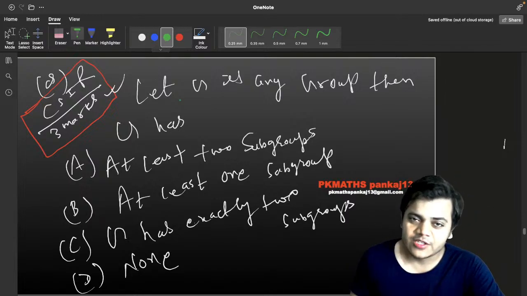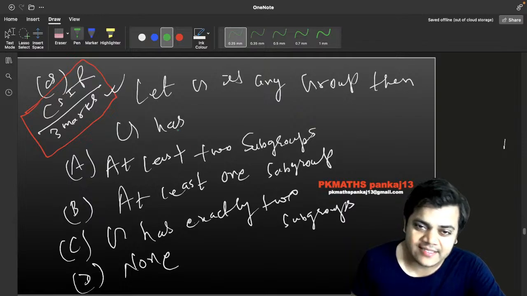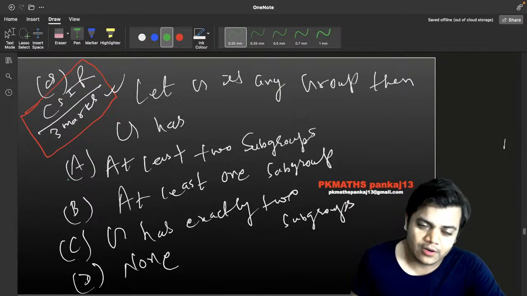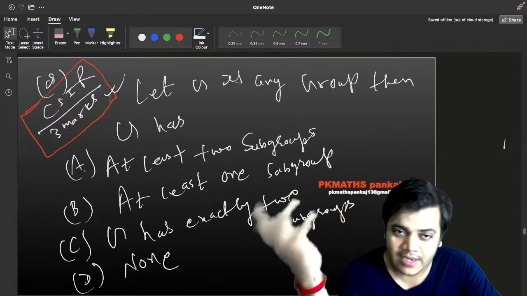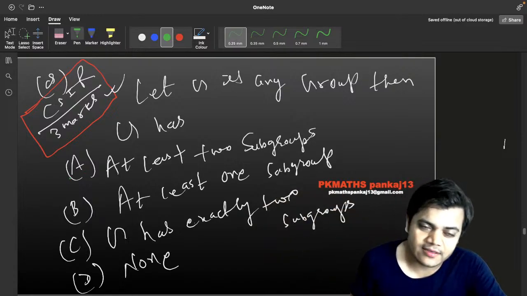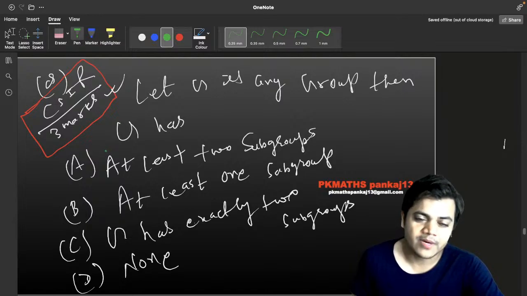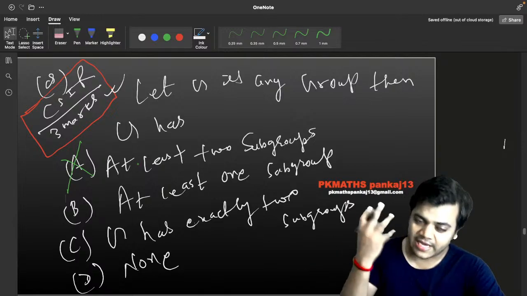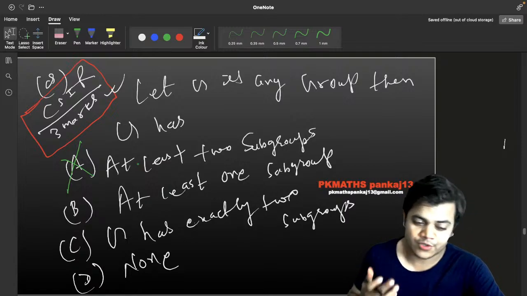So here is the question: let G be any group, then G has at least 2 subgroups. Most of you may give the answer as option A, but this is not true. People will think that with the identity and the group itself, it will have at least 2 subgroups for sure.